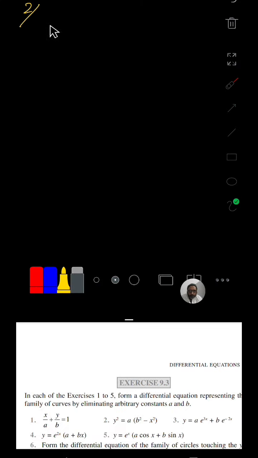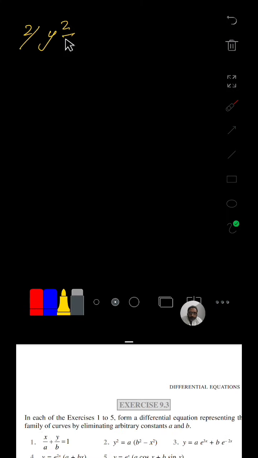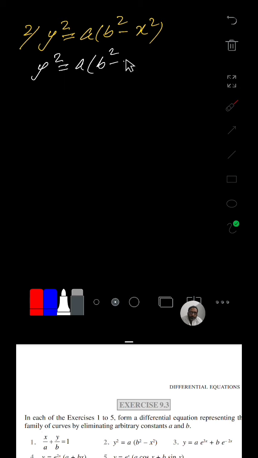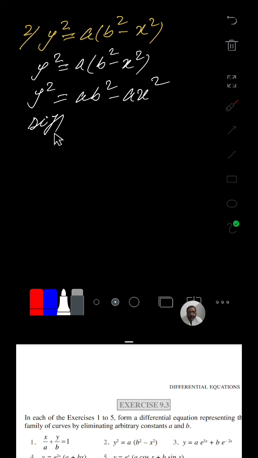Now question number 2, the solution is given as y square is equal to a into b square minus x square. So y square is equal to, opening the bracket, we get ab square minus ax square. Now differentiating with respect to x, we get 2y into y dash by chain rule.